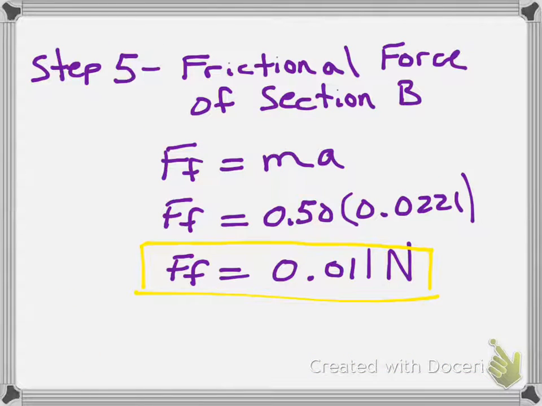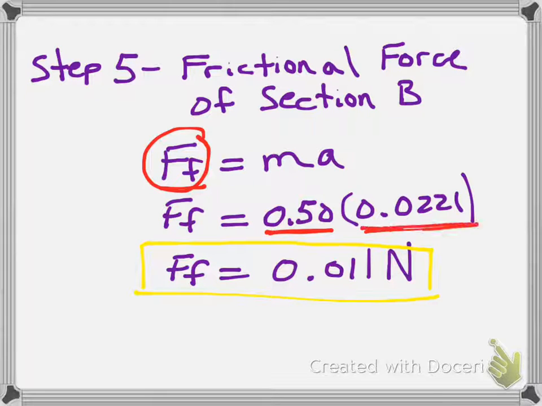That's what step 5 is. We're now going to look at the frictional force, section B. That's what we're defining this as. It's still a force. Using Newton's second law to calculate that force, we know that the skateboard is 0.5 kilograms.